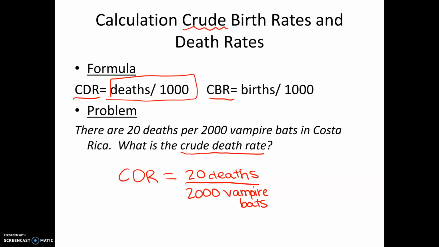When you do that, you want to show your work so that the reader, if this is on an FRQ or something, knows that you know what you're doing, that you know what CDR means.